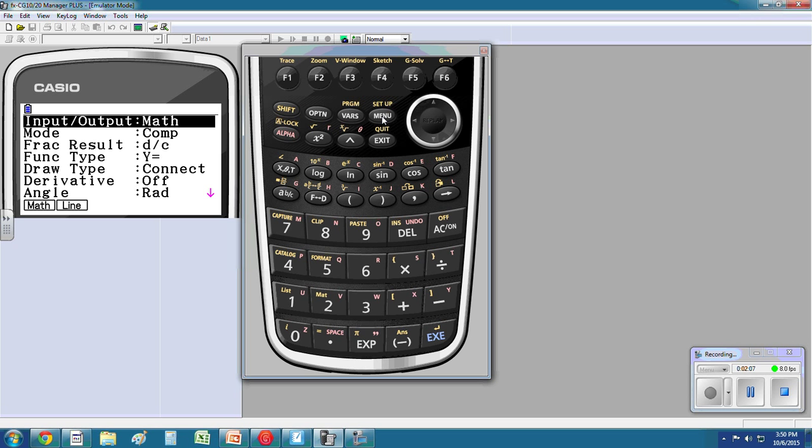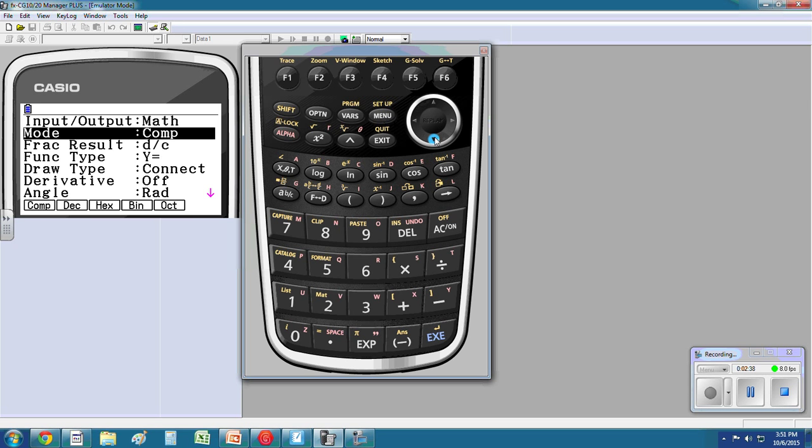Now on the screen that we are taken to, we have input, output, math, mode, comp, frac result, d/c, func type, y equals, draw type, connect, derivative, off, angle, rad. Now remember, I've said we need to change rad to deg.